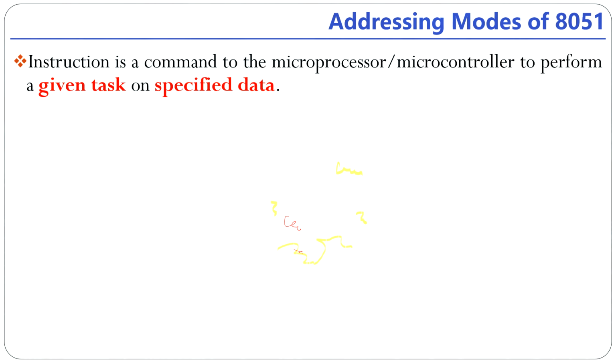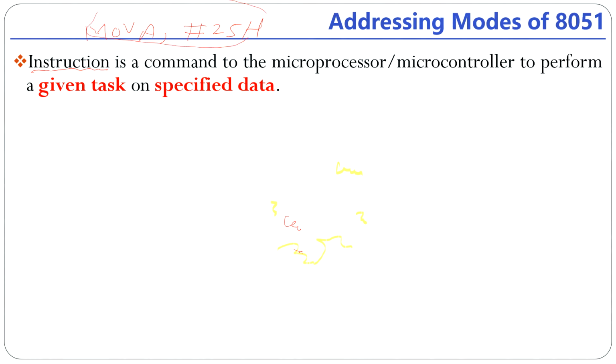Now, addressing modes of the 8051 microcontroller. Right. First of all, we will see what is an instruction, right? Instruction basically in this way you can see, suppose MOV A, 25H. This is called the instruction.